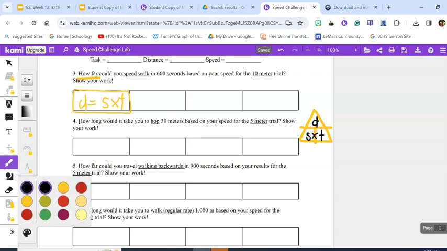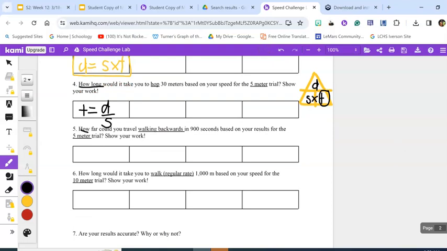If they're asking how long, what are they asking you for? Speed, distance, or time? They're asking you for time. Time is equal to distance divided by speed. Now, all of this is based on your data.